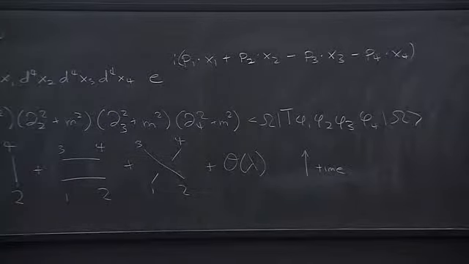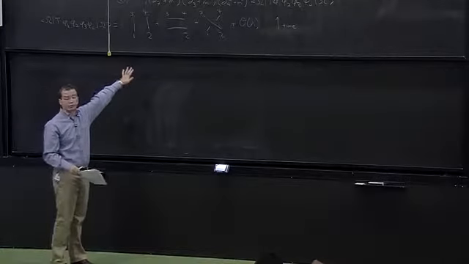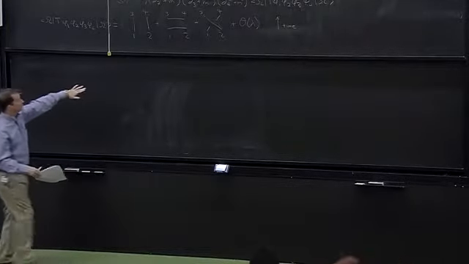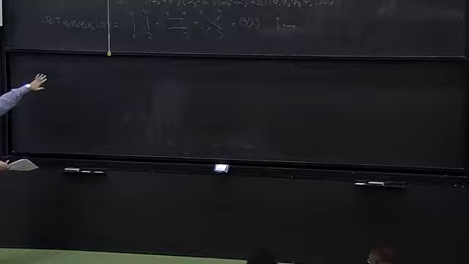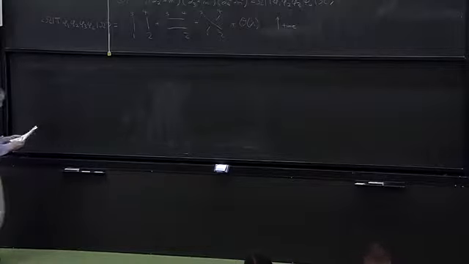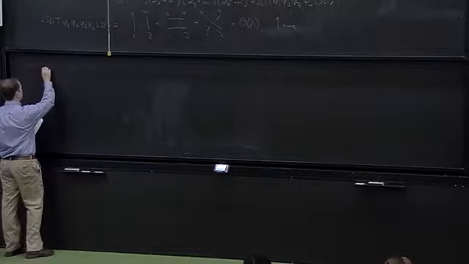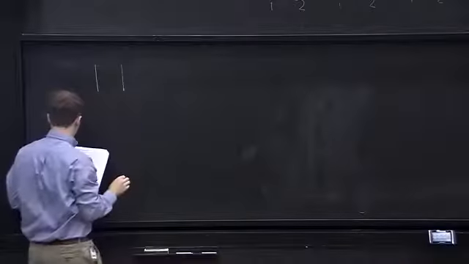Okay, so now we know what the analytic expressions for these diagrams are. We've already learned that. So let's see what the LSZ reduction formula tells us about how these diagrams contribute to the scattering amplitude. Let's look at these diagrams one at a time.